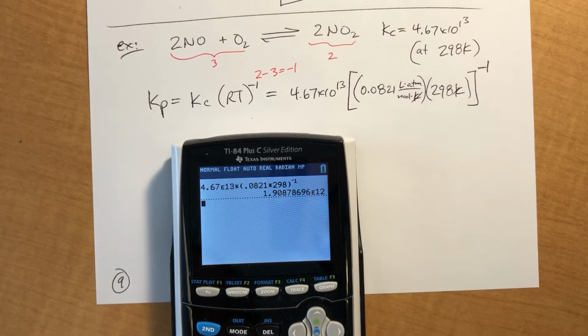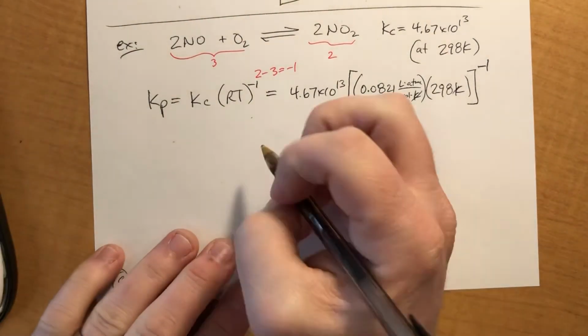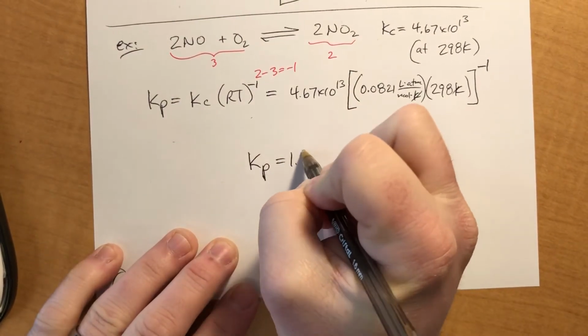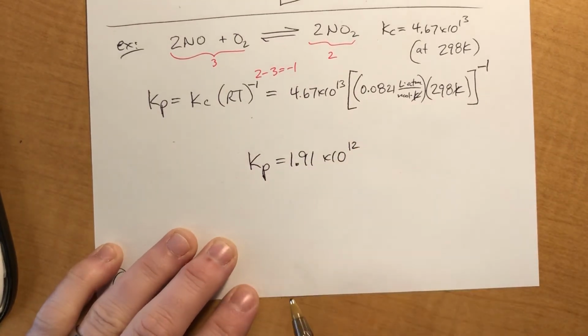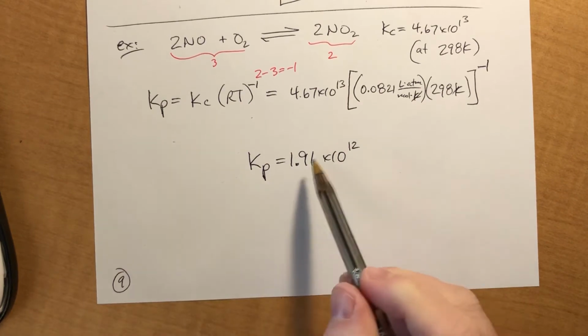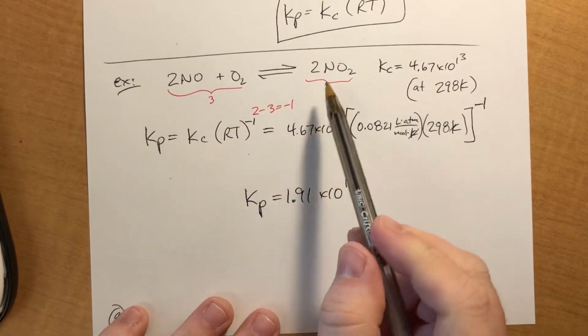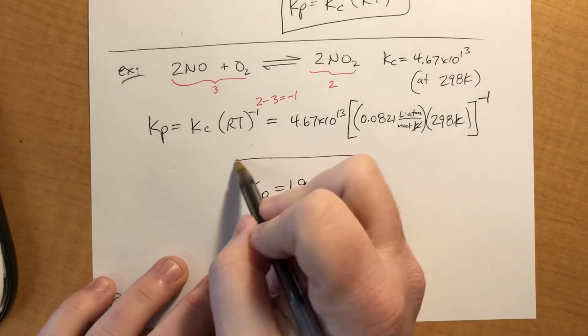And I got 1.91 times 10 to the 12th. Kp and Kc both have no units. Because it's Kp, we're assuming that it's this equation with everything in terms of atmospheres.